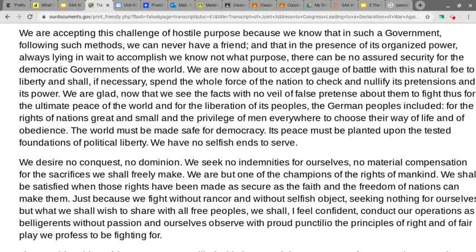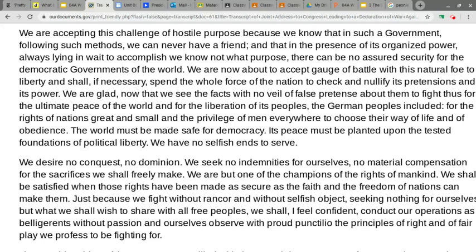We are accepting this challenge of hostile purpose because we know that in such a government following such methods, we can never have a friend, and that in the presence of its organized power, always lying in wait to accomplish we know not what purpose, there can be no assured security for democratic governments of the world. We are now about to accept gauge of battle with this natural foe to liberty, and shall, if necessary, spend the whole force of the nation to check and nullify its pretensions and its power.